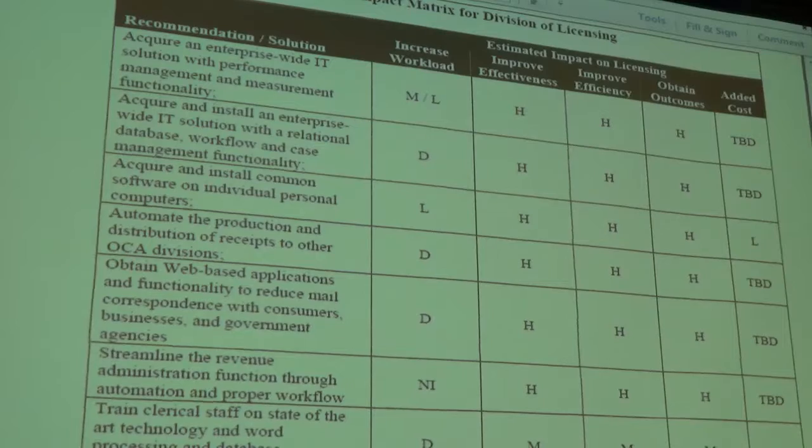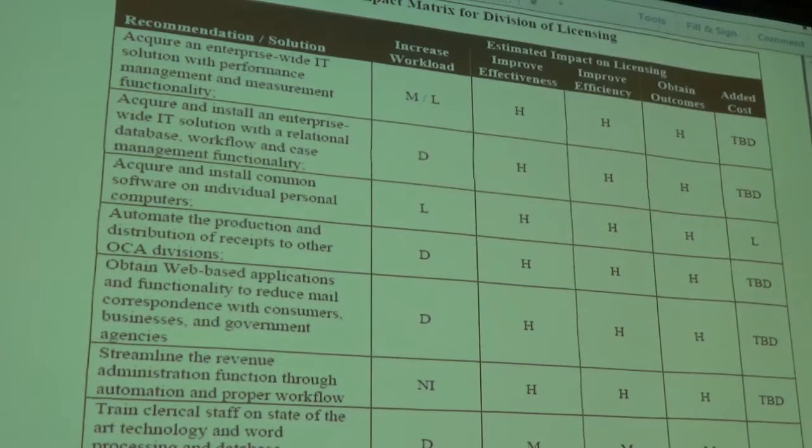So the recommendations for the Division of Licensing is that we acquire the IT solution. They have a moderate to low impact on increase in workload. In some cases you have a decrease. Most of the cases you have a decrease. Sometimes you have a low impact.